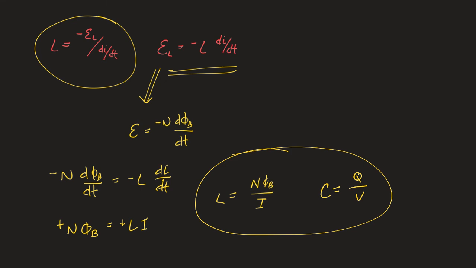If I can come up with an expression for magnetic flux for some structure, and then divide by the current that creates that flux, that would give me a way of calculating its inductance. If I can come up with a way for figuring out how much charge there is on a conductor, and divide by the voltage that created that charge, that would give me the capacitance. That's how we did the capacitance equation. This seems like a great way to figure out the inductance equation. And we already know how to do this. For example, you know the expression for the magnetic field of a solenoid, don't you?